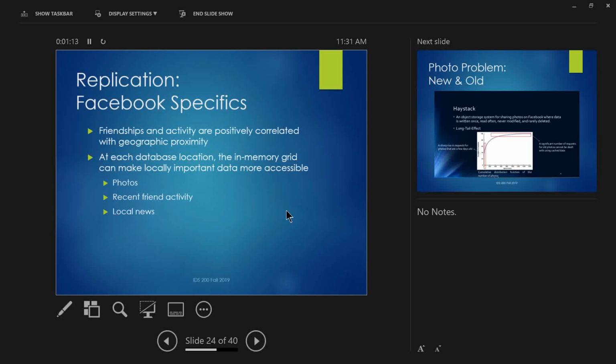But you have a lot of friends, especially a lot of friends in one area, and you post an image, Facebook might figure, you know what, they post an image, they have a lot of friends, their images tend to get a lot of activity, we're going to keep that in RAM because this person is popular. If you're some sort of celebrity that has a Facebook page, likewise, you do something, Facebook knows there's going to be a lot of interest in that, that's probably automatically going to get replicated to data centers near to you.